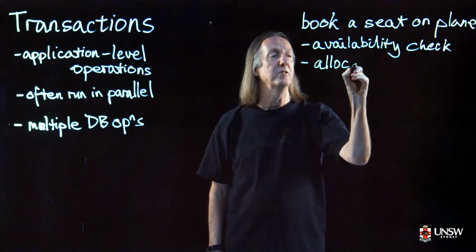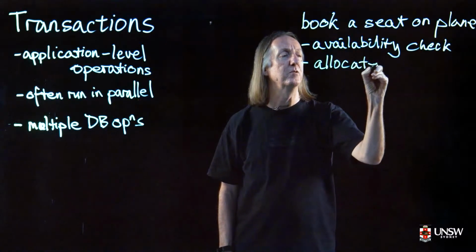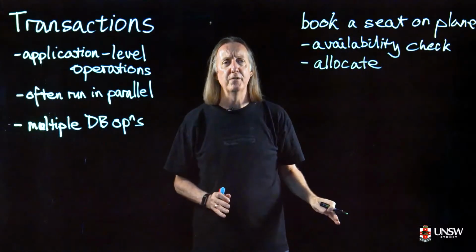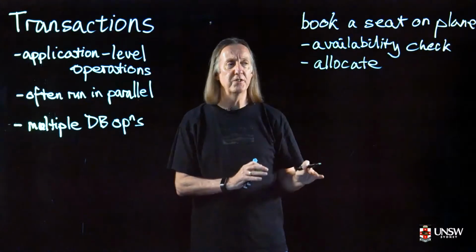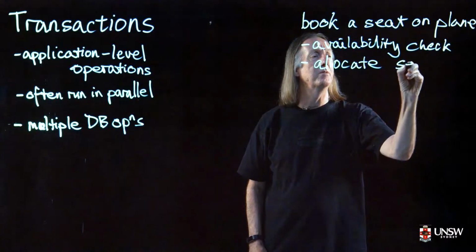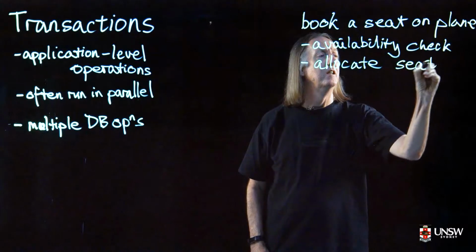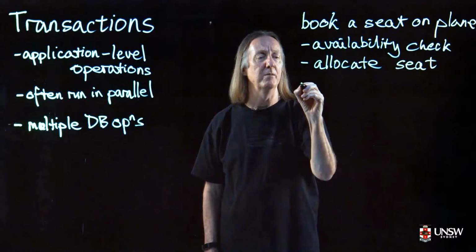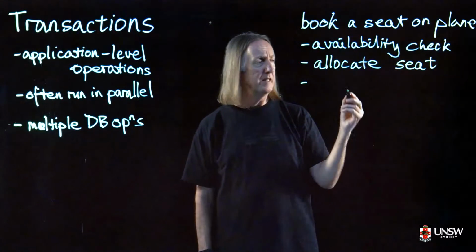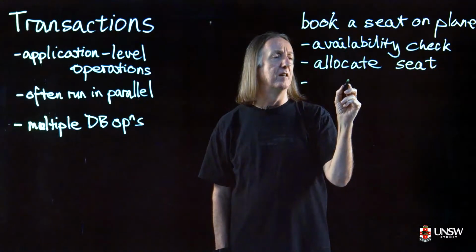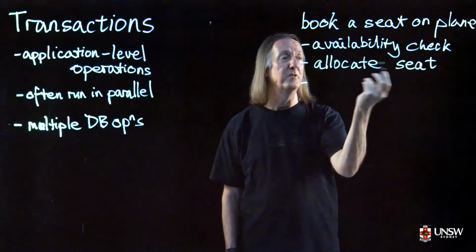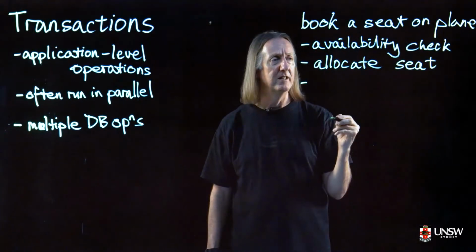And potentially we've got a bunch of tuples in the database already, one for each seat on the flight. Some of them have passengers attached to them already, some of them don't. So the operation of allocating a seat might be simply an update operation. And that would be allocating an empty seat. So the other thing we have to do before we do that, we've got to find which seat is empty.